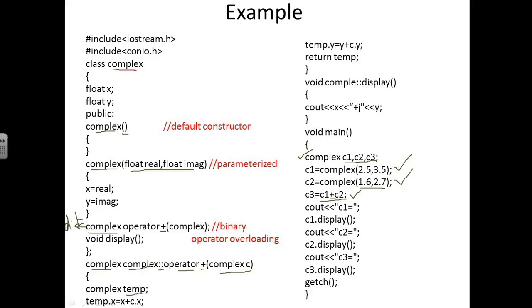Then if I display C3, it will be displayed as the added value: 2.5 plus 1.6, plus j into 3.5 plus 2.7. This will be the C3 value, since we have invoked the operator function here.